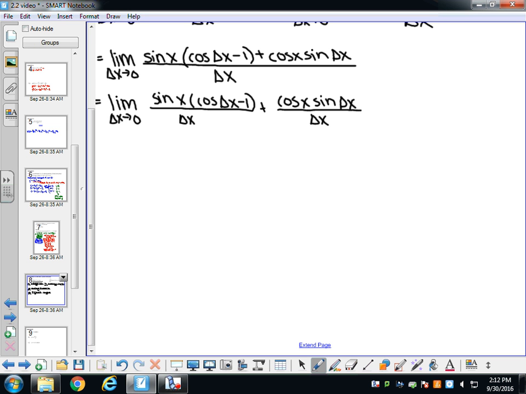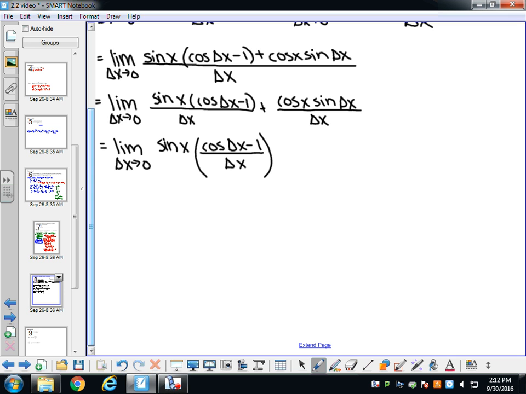In each of these I can put my delta x with whichever term it's going to be more helpful. So I'm just going to rewrite this so that it's really sine of x times cosine of delta x minus 1 over delta x, and then plus cosine of x times sine of delta x over delta x.